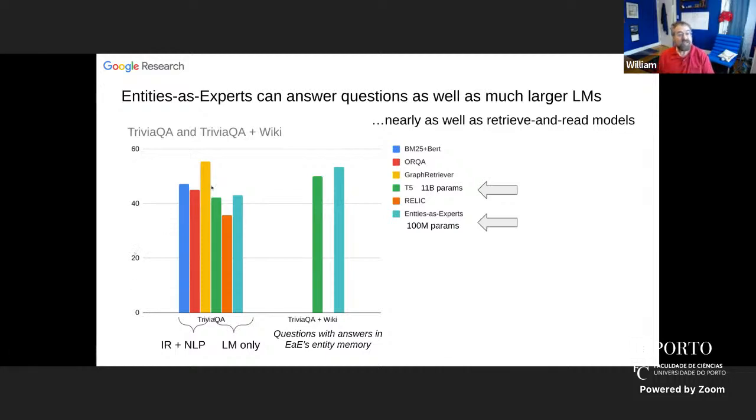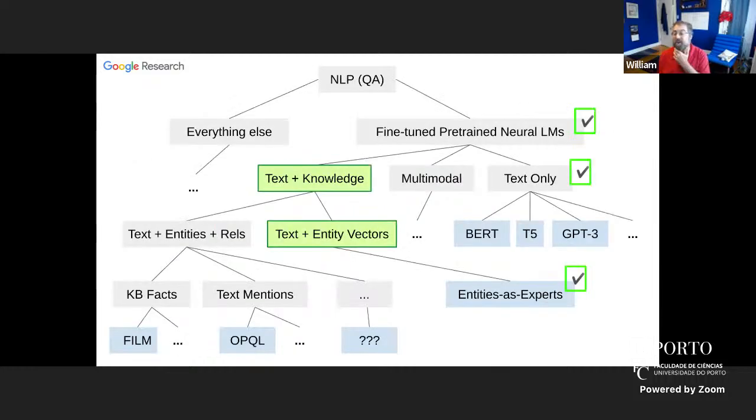Those techniques, and this is from a year or so back, so we've got even better results now, do perform better than EAE and this pure language model approach. But it's quite impressive how well this works as a language model, which is really what I care about.